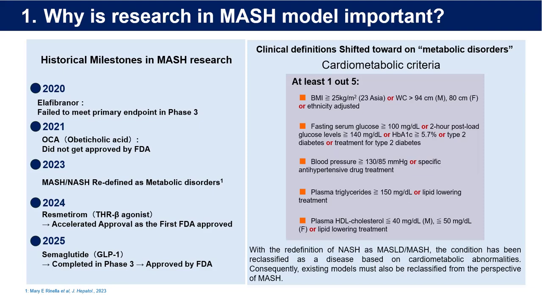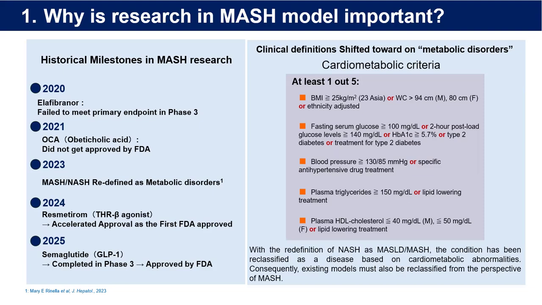In fact, while many drugs have been developed, they failed to demonstrate efficacy in phase 3 trials, leading to a series of development halts and deferred approval. For example, elafibranor failed to meet its primary endpoint, and OCA ultimately did not receive approval. Against this backdrop, MASH has been viewed as a high-risk field with low success rates.